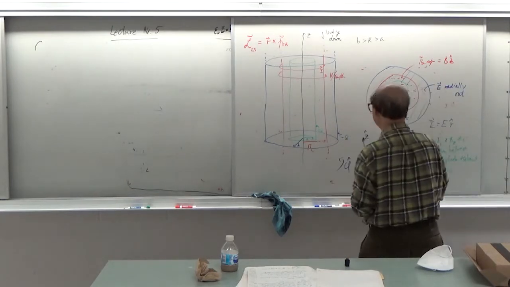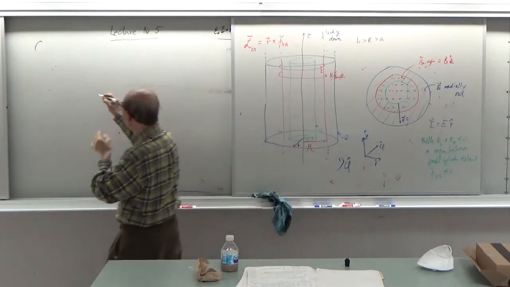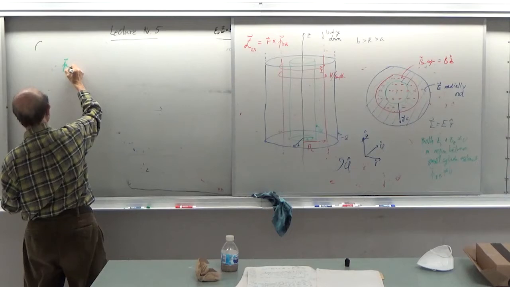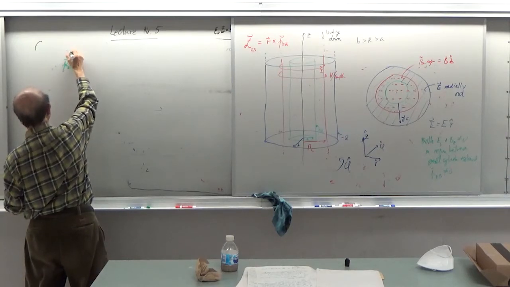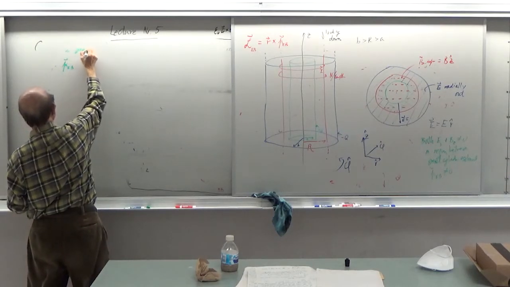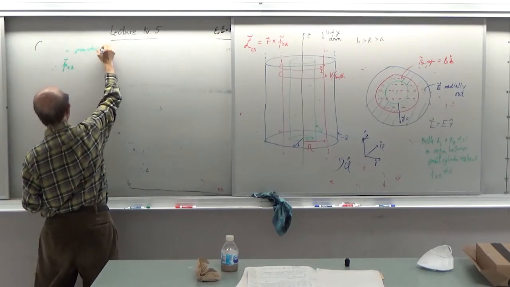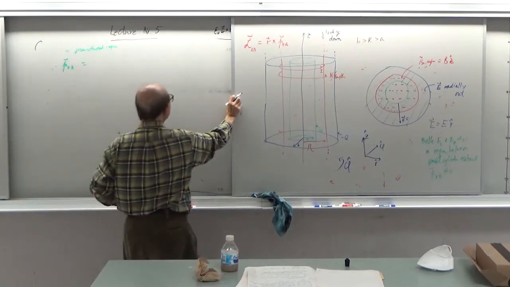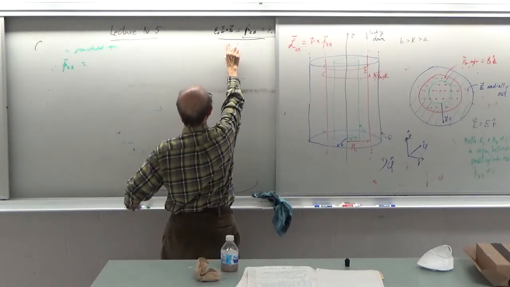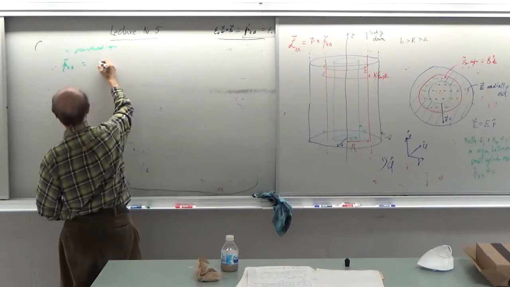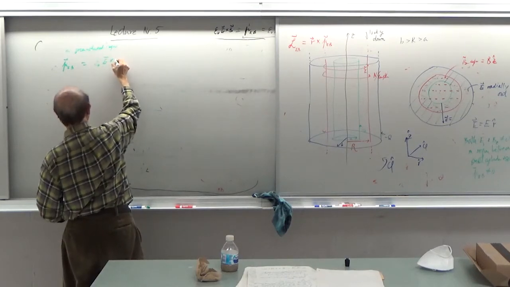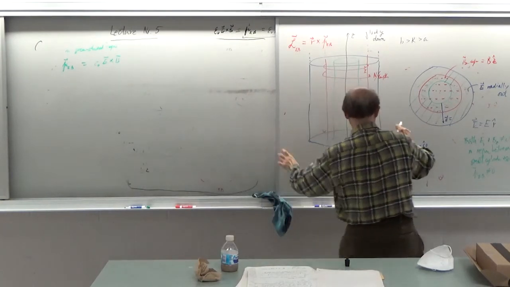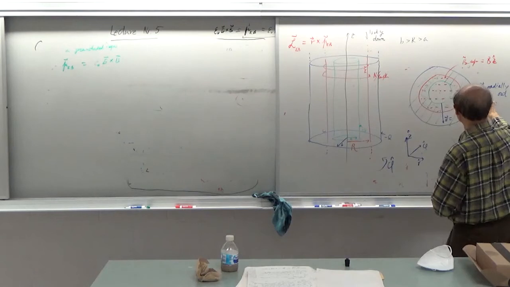And let's calculate what it is. P, in the green shaded region, is equal to epsilon naught E cross B. Obviously, you can calculate what the electric field is.